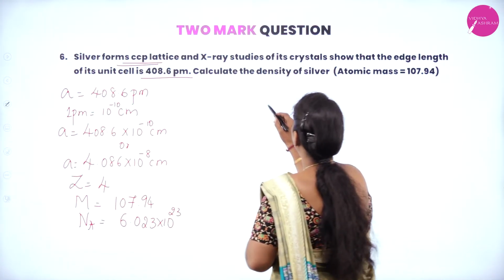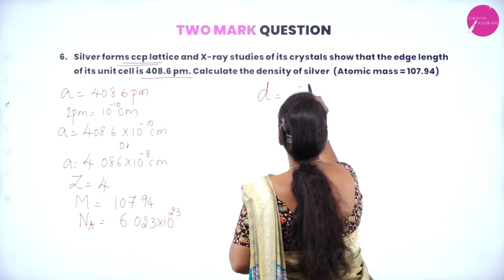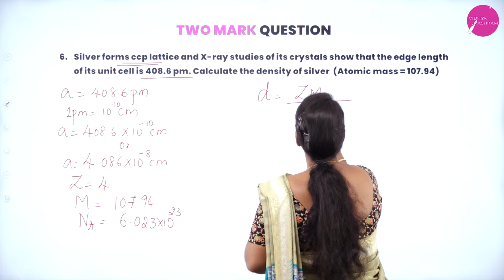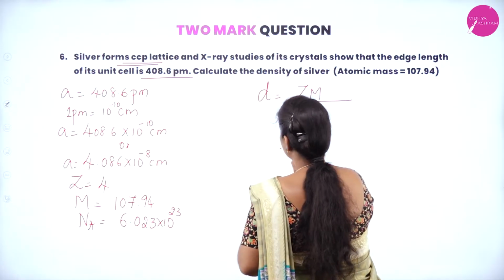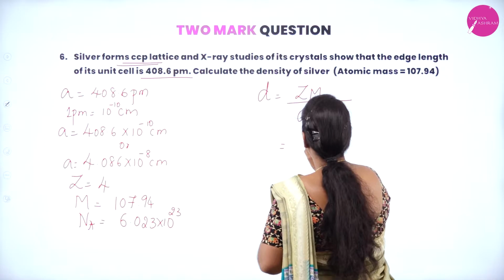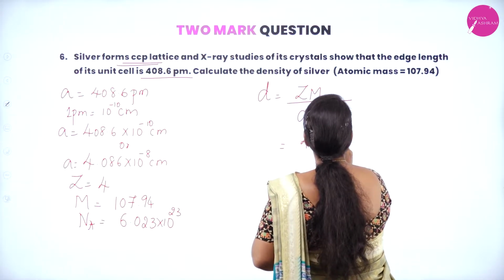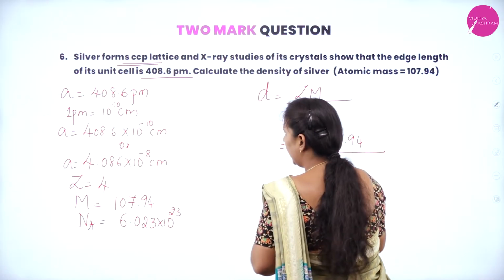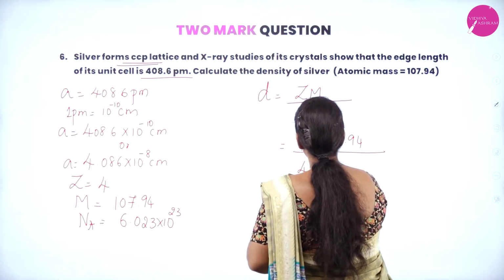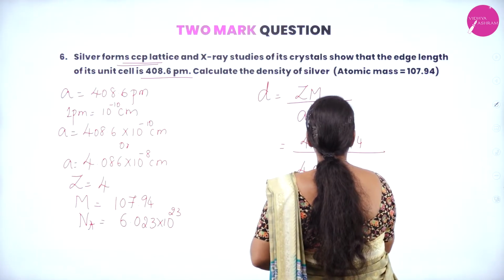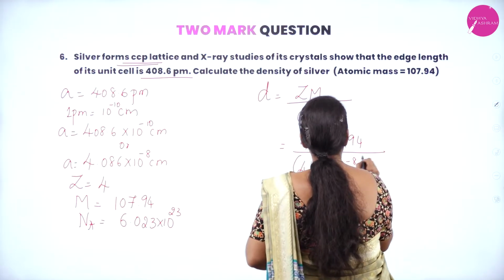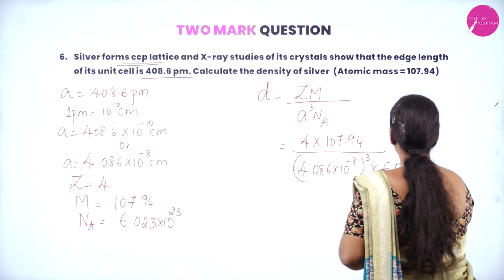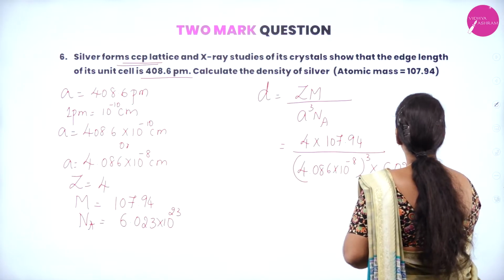Now, you write the formula, that is D is equal to Z into M divided by A cube into Na. So, what is the value? It is 4 into 107.94 divided by A cube, which is 4.086 into 10 to the power of minus 8 whole cube, into 6.023 into 10 to the power of 23.